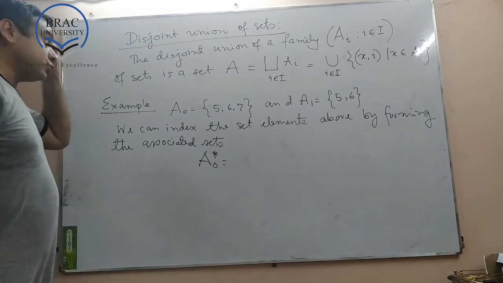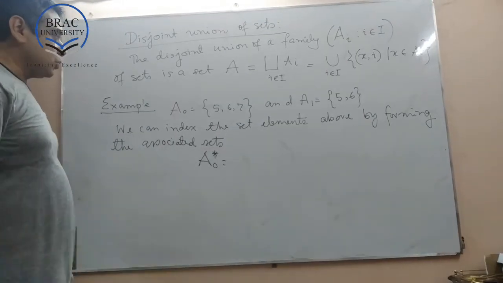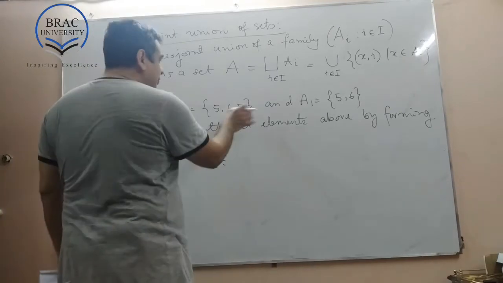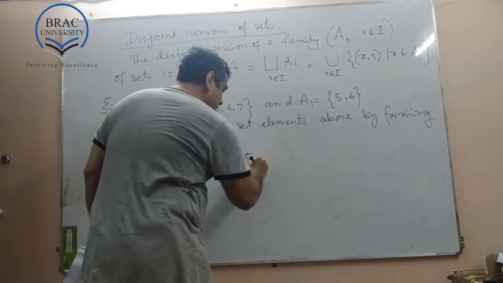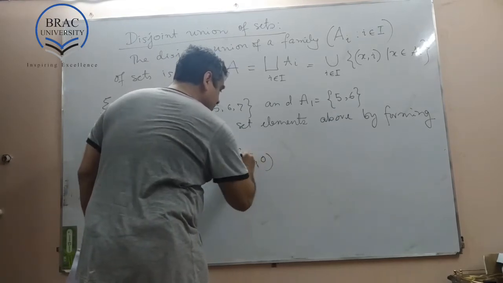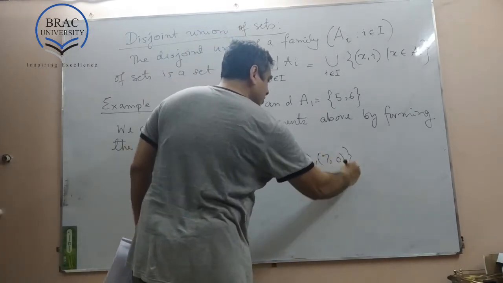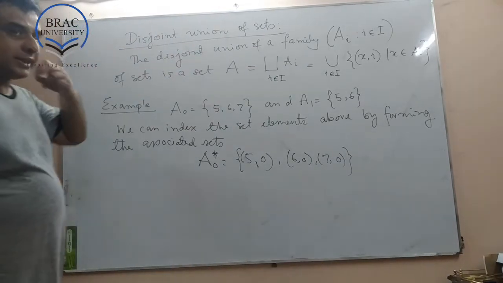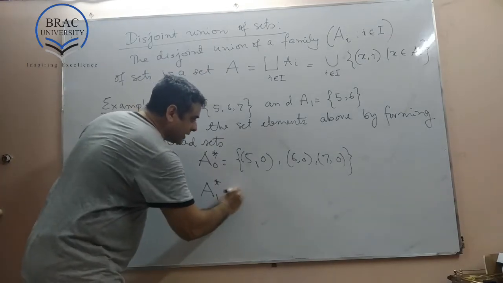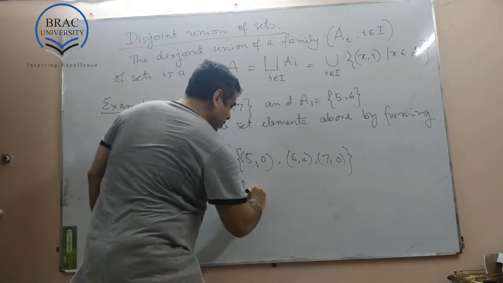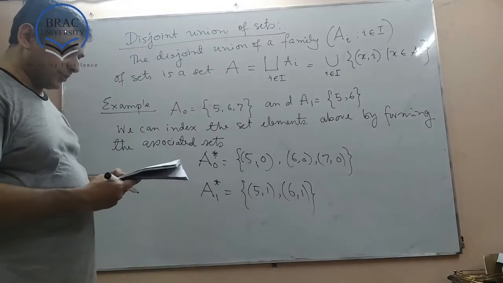Out of these two sets, we are forming associated sets of ordered pairs, where A0 star is a renaming of the elements of the old set A0 like this: (5,0), (6,0), (7,0). It's just relabeling the elements of the old set A0. Whereas A1 star reads (5,1), (6,1). It's a two-element set.